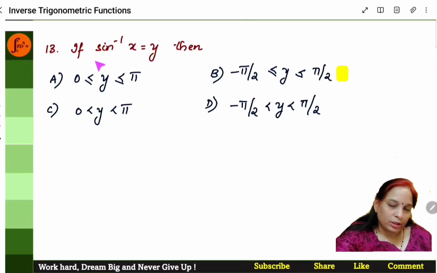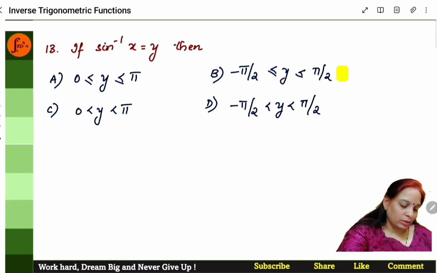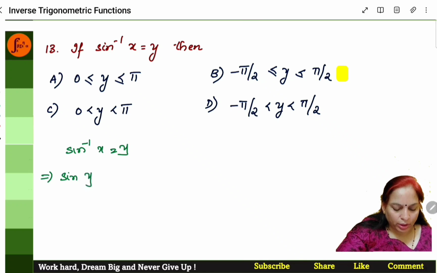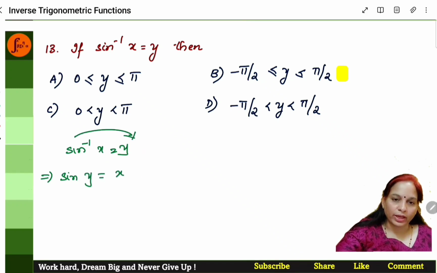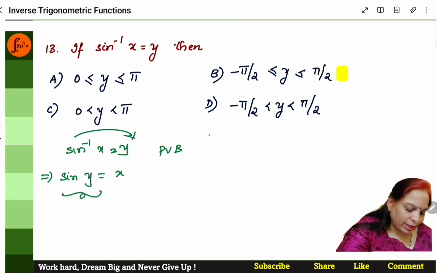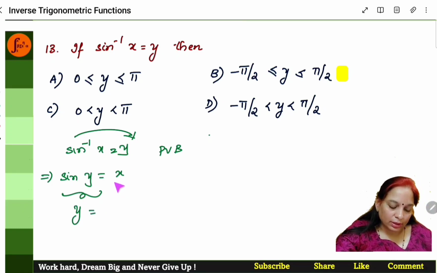Now let's look at the 13th problem. If sine inverse of x is equal to y, then we'll have to find out the range, right? So sine inverse of x is equal to y means sine y is equal to x. When I put sine the other side, it will become sine y is equal to x. So this means that y is a value within the principal value branch.